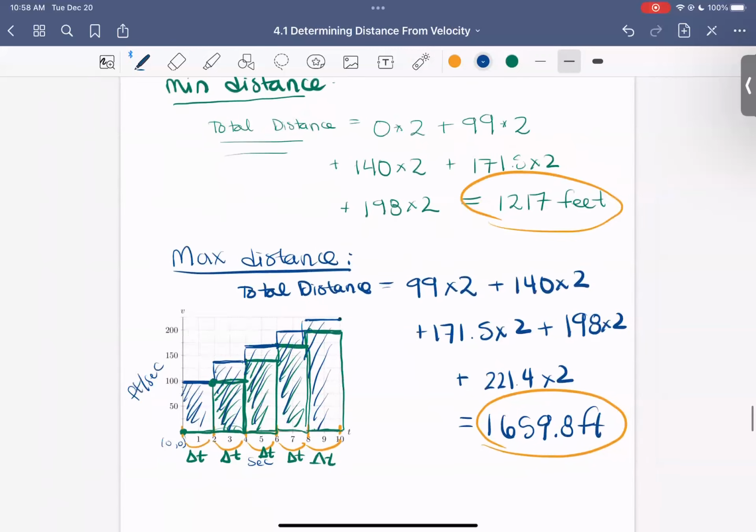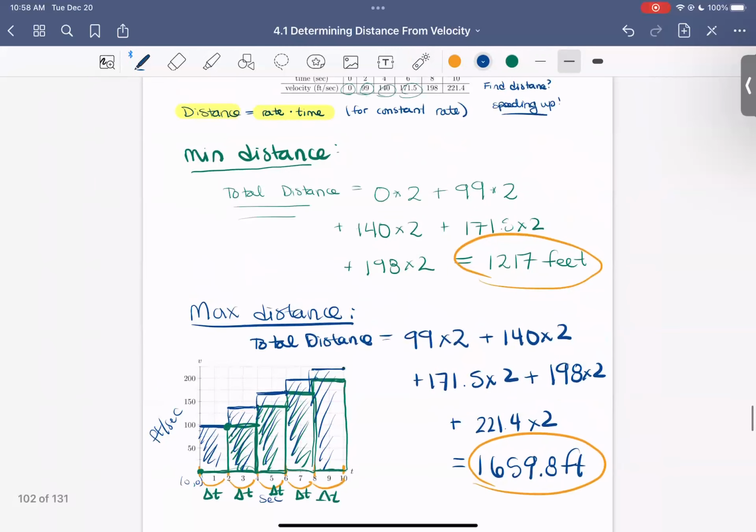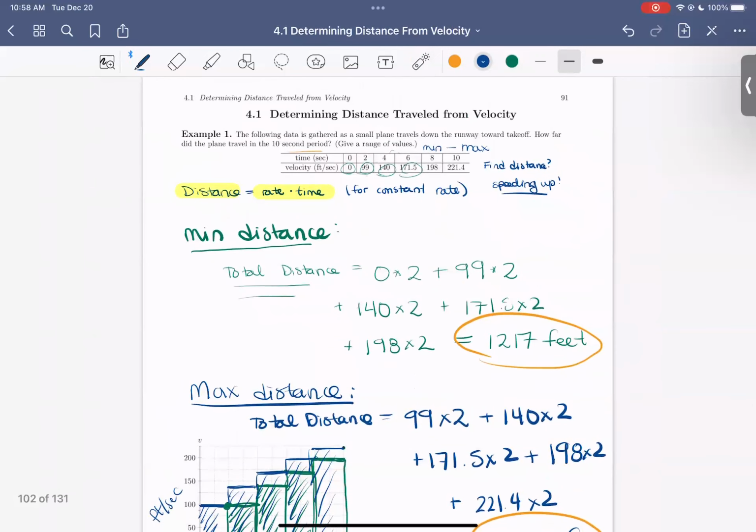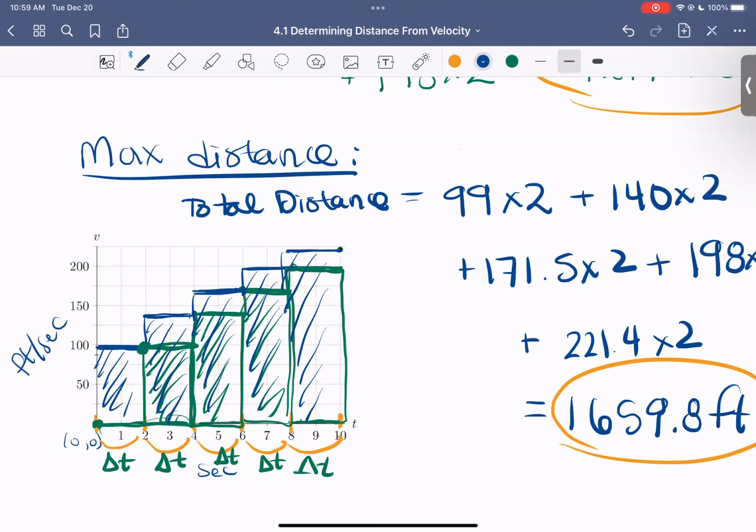All right, so this is just the first step in getting more into this idea of finding accumulated quantities from rates. In future lessons, we're going to see how to take this idea to a limiting component where we look at smaller and smaller rectangles to find accumulated quantities of more varying rates.